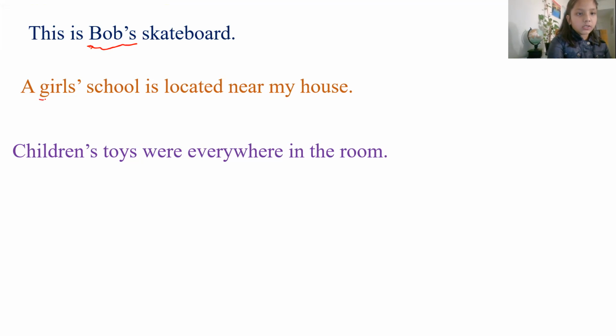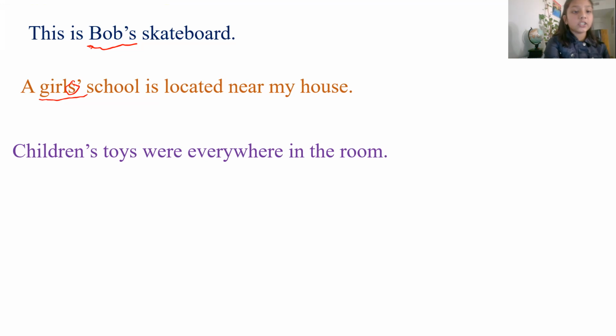A girls' school is located near my house. Girls is plural. So that's why we only add an apostrophe, because it already ends with an S. So girls is showing possession to the school. It's a girls' school. So children's toys were everywhere in the room.